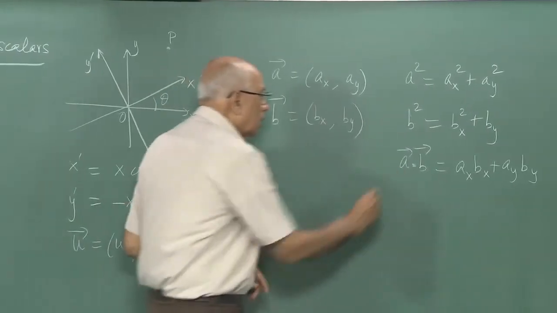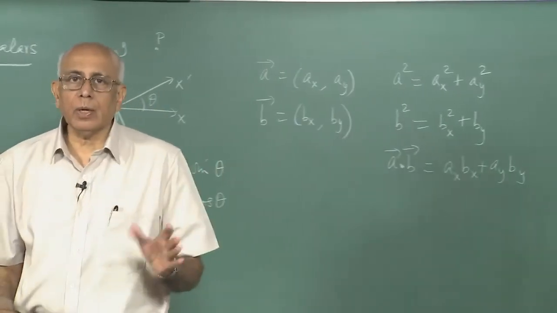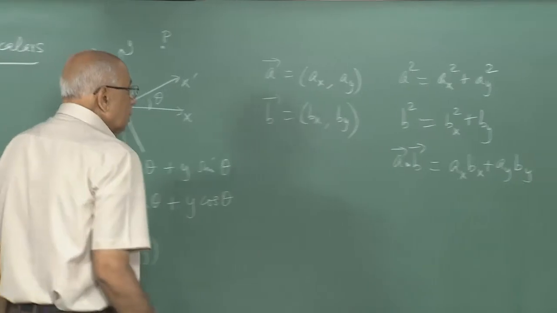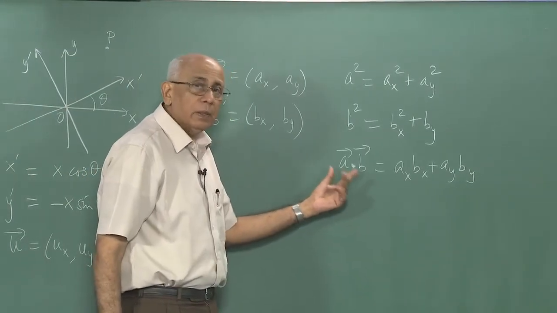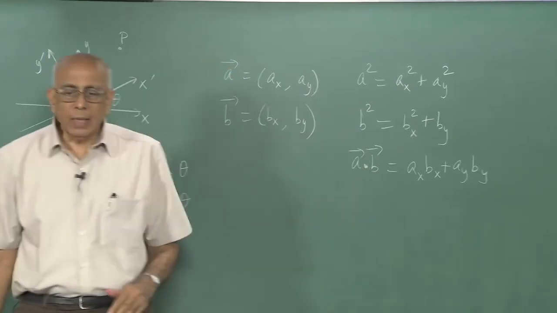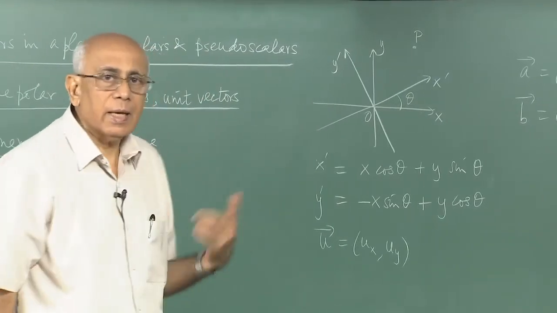That too is a scalar, and that is why we call this the dot product, or more correctly the scalar product. Now what this implies is that this particular combination of A and B, this rule of multiplication, tells you how to take two vectors and create a scalar out of them.